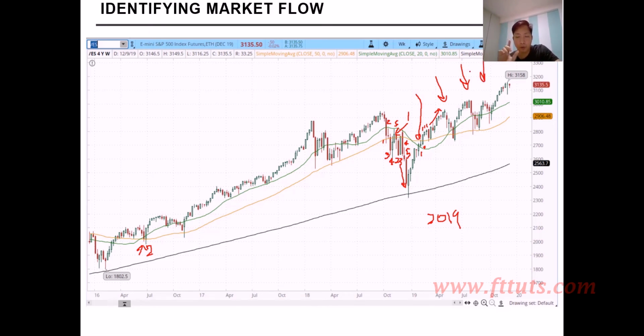If you're looking at the flow carefully, the weekly flow carefully, you will know that all this attempt to break below the 50 SMA is weak. They cannot close below the 50 SMA. In fact, the price maintained above the 50 SMA, and hence for the most part of 2019, my traders and I, all my students, we are all positive flow oriented.